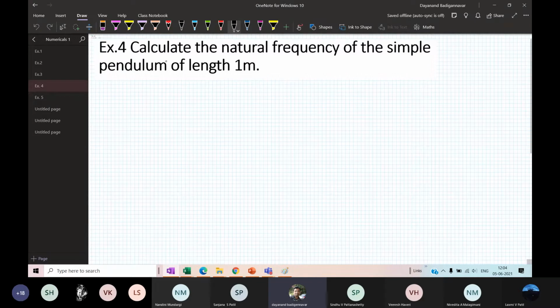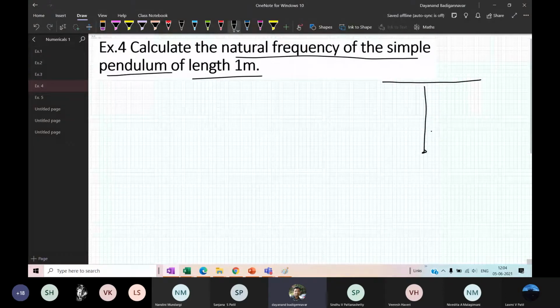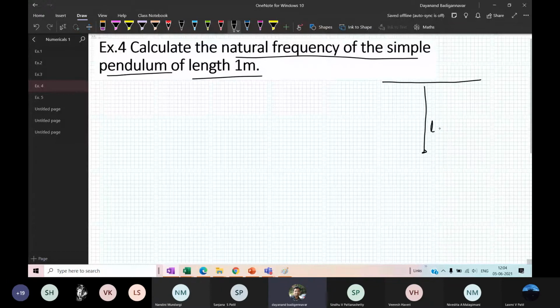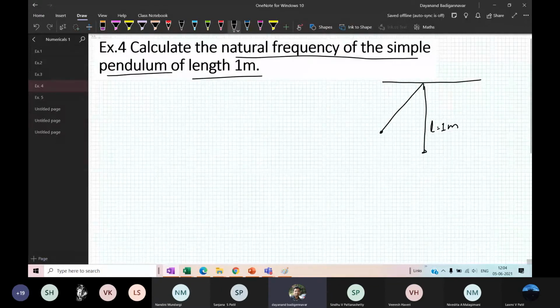Calculate the natural frequency of a simple pendulum of length 1 meter. There is a pendulum like this, which has a length equal to 1 meter. It is oscillating with its own natural frequency between A and B, with a displacement theta. So what is the natural frequency?